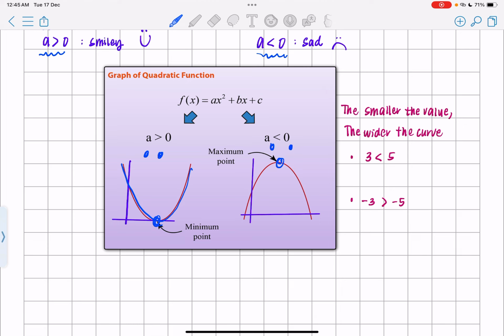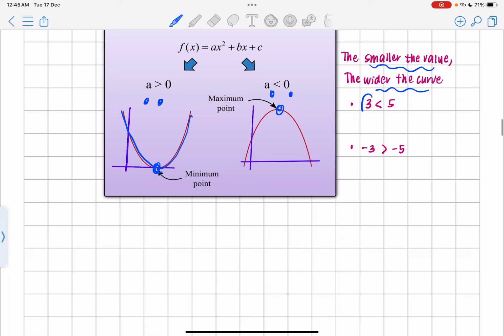Alright, right now kita nak fahamkan dengan lebih mendalam. Okay, the smaller the value, the wider the curve. What I mean by this, okay, let's say 3 dengan 5, basically 3 lagi kecil. So, when kita nak draw the curve for 3, okay, let's say 3 is positive, it's more than 0. So, this 3 and 5 is more than 0. So, it will be all smiley.